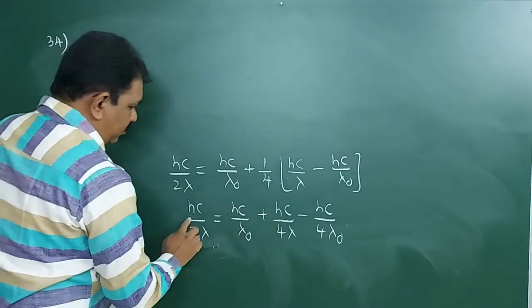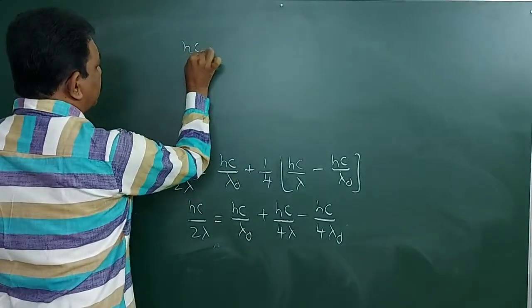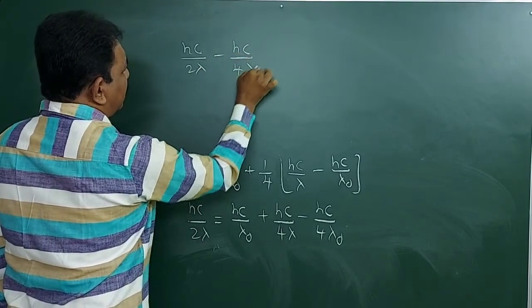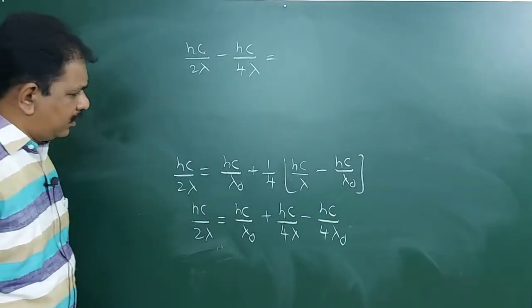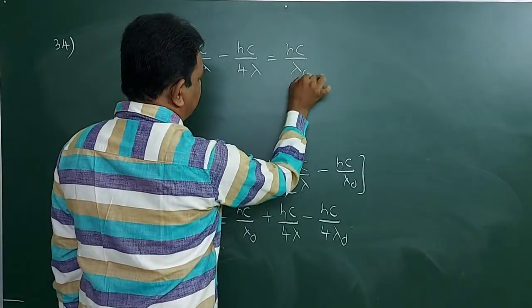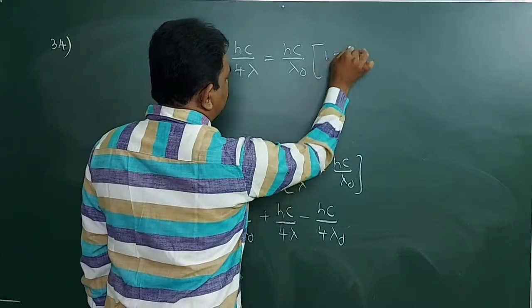You bring this term to this side: hc by 2 lambda minus hc by 4 lambda. In this, take hc by lambda naught common: 1 minus 1 by 4.